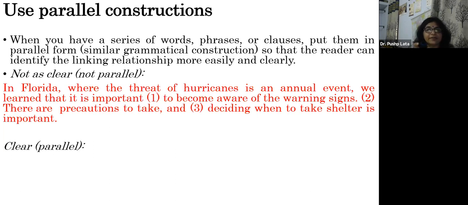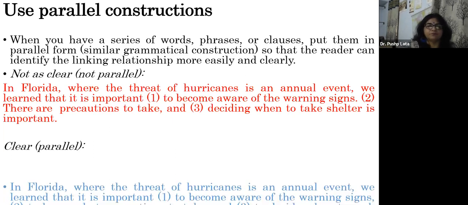So deciding when to take shelter, again, is a sentence starting with the gerund. So now you see, first one an infinitive, second one a complete sentence, third one starting with the gerund. It will be better to have either the infinitive forms, that is, non-finite clauses, and that will be absolutely fine.